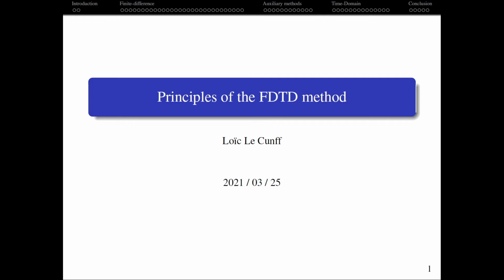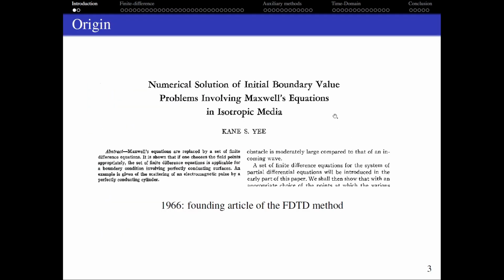Here is a lecture that I've been giving for a while now that aims to present the FDTD method and how it works. So, this computational method was defined in 1966, and here is the abstract of the founding article.